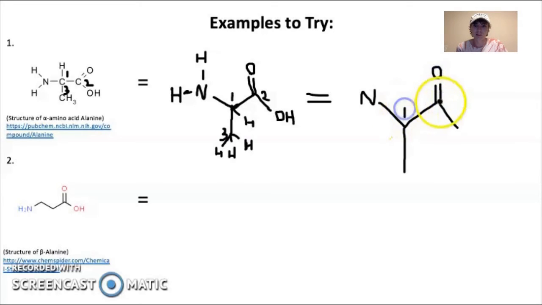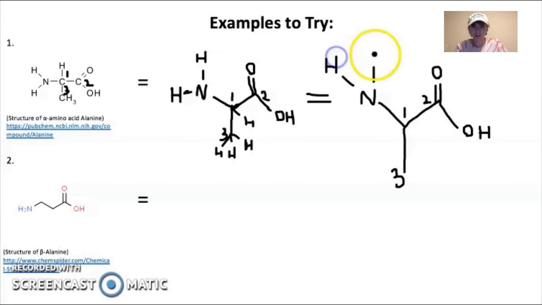It's implied that you know what the octet rule is and it's being used. Don't forget your hydrogens on the nitrogen. And then that would be your simplified skeletal structure for that.